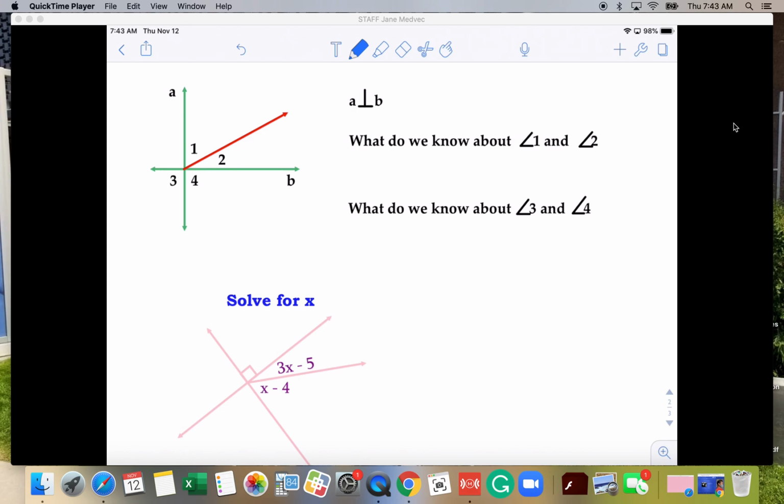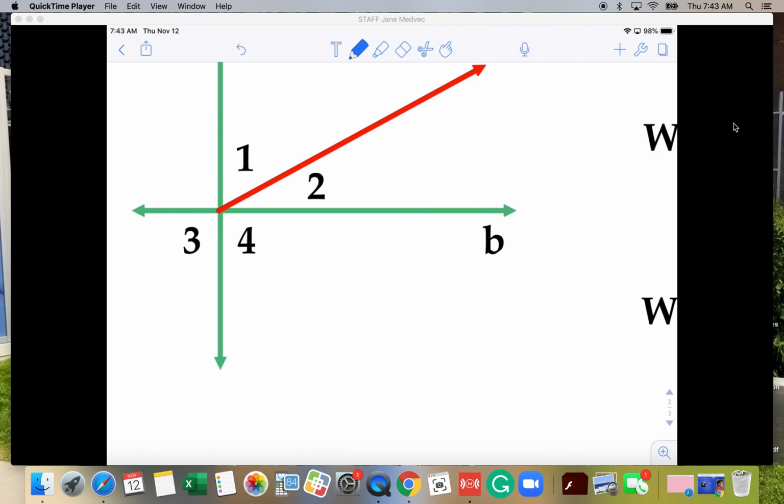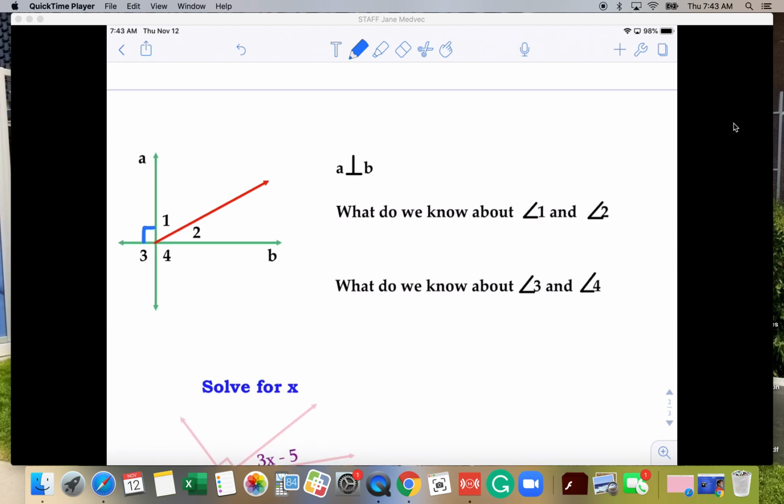Let's move on and look at some applications with perpendicular lines. In this example, you're going to see that it says A is perpendicular to B. And what that means in the picture is that these are 90-degree angles, all of them. So if I know that all of those angles made by the green lines are 90 degrees, what do we know about the measure of angle 1 and the measure of angle 2?